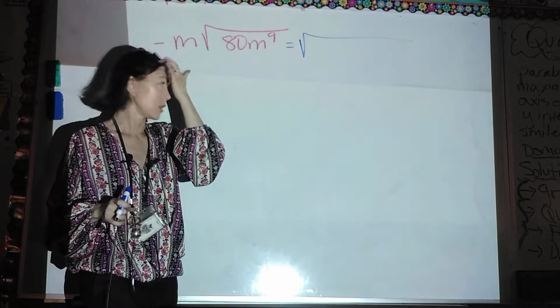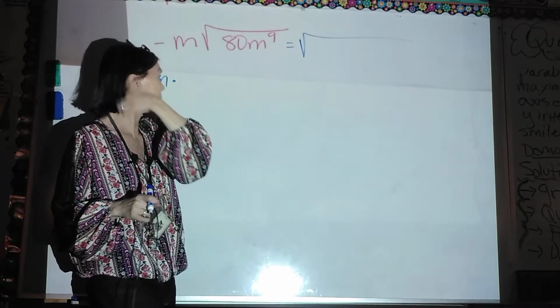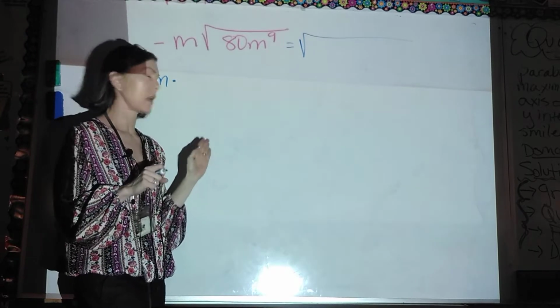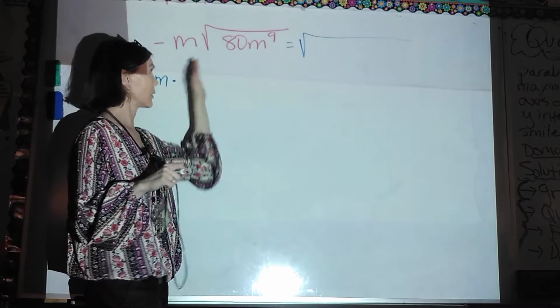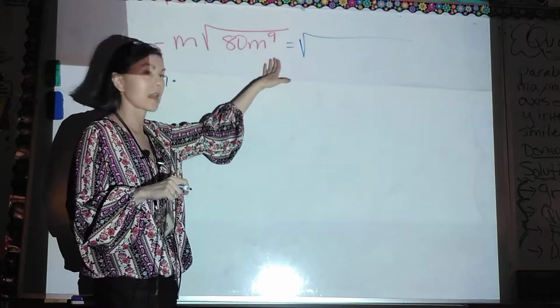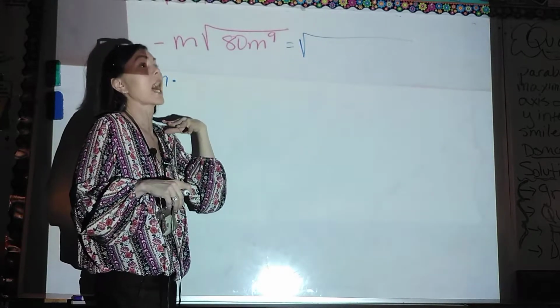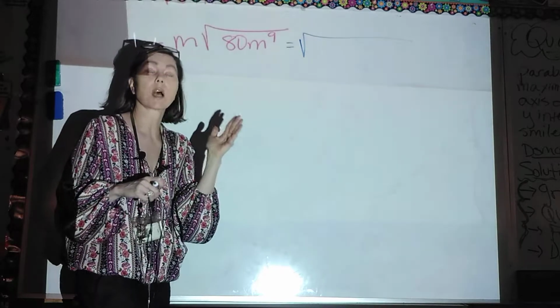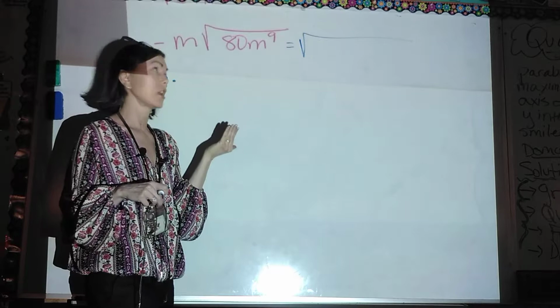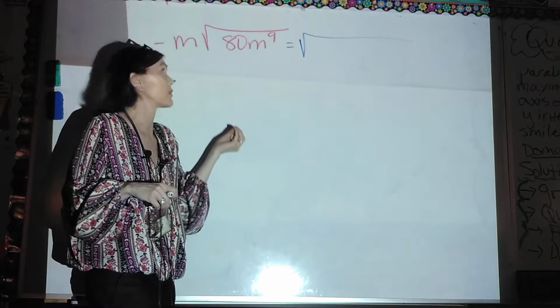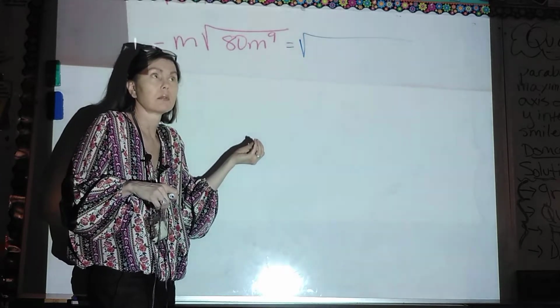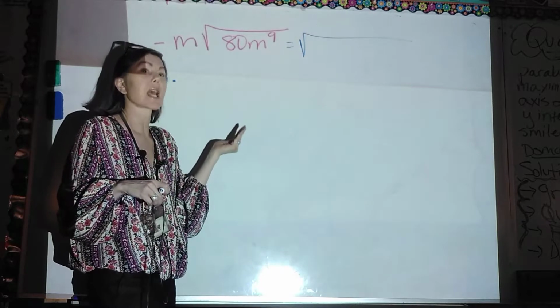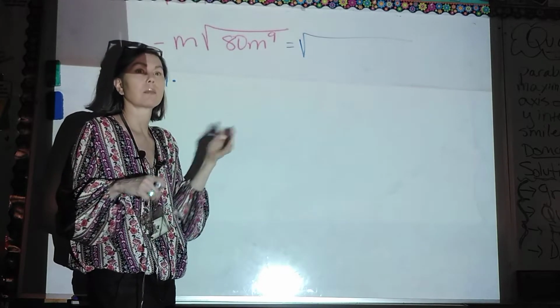So again, you have to take care of the number first and then the variable. And we have to use the highest perfect square that we can. So what times what gives me 80? And one of those numbers has to be a perfect square. 40 times 2.